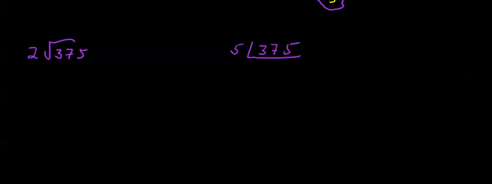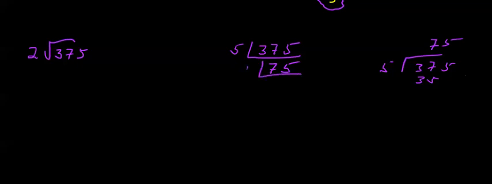Yeah, I'm having a brain fart here. 5 into 375: 75. And 5 goes into 75, 15, and 3 and 5.